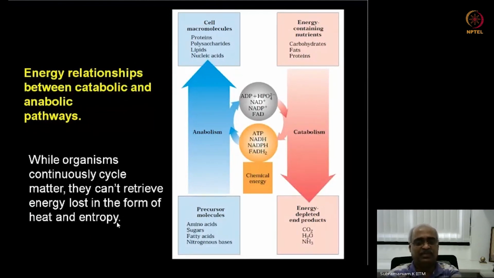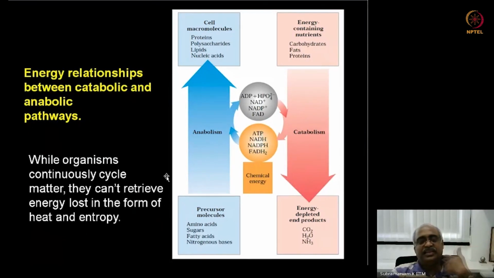Okay, it looks complex, but it's not that difficult. So here we are going to look at two important terms. One is called anabolism, another one is called catabolism. So these are the two different branches of metabolism.